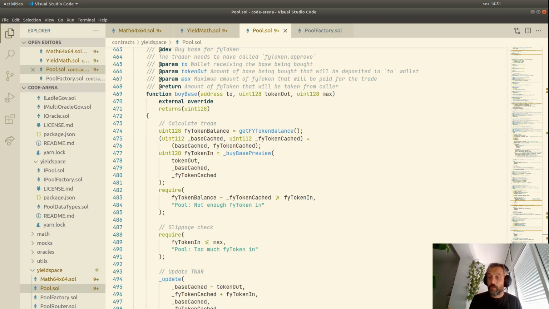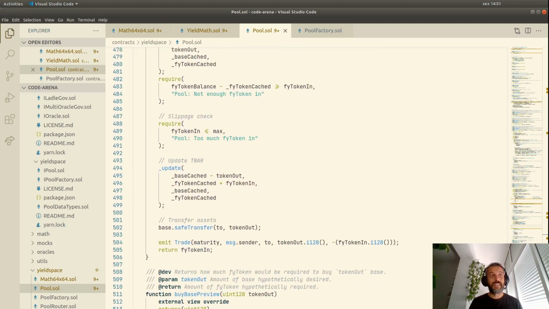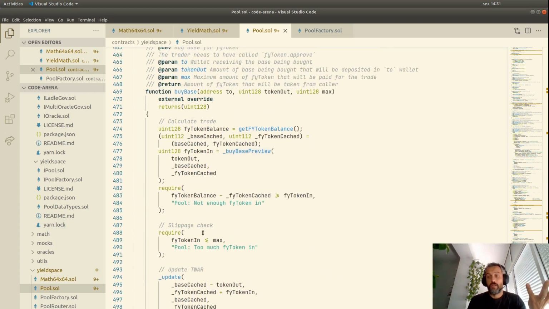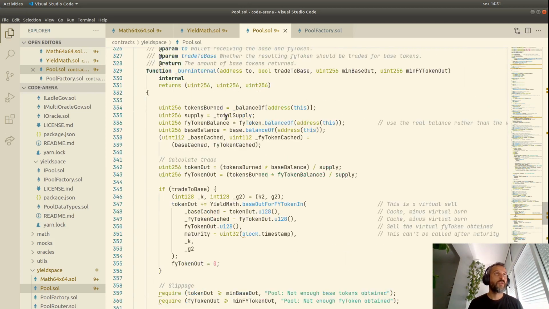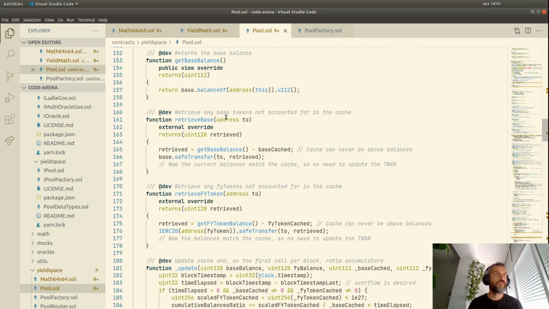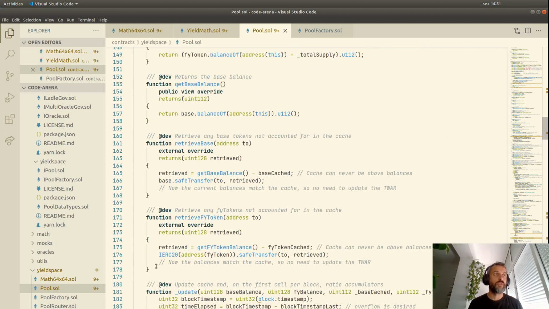You cannot know in advance how much FY DAI you are going to put, so you need to either in the same call the library to know it for sure, or you send a bunch to the pool, more than you are going to need, buy the DAI that you actually want, and then once you have bought, you can call one of these 2 retrieve functions to get the change.